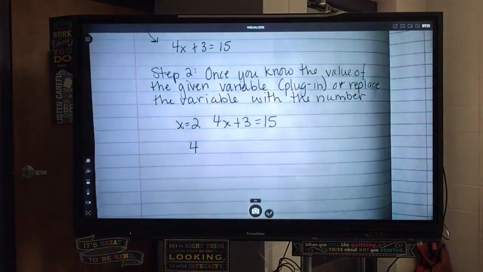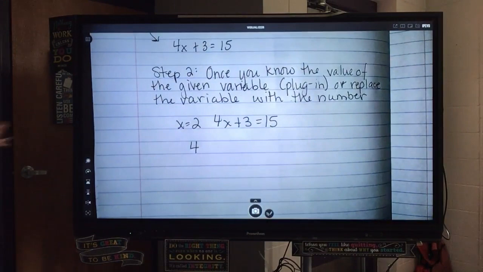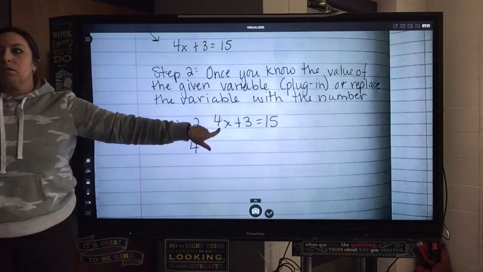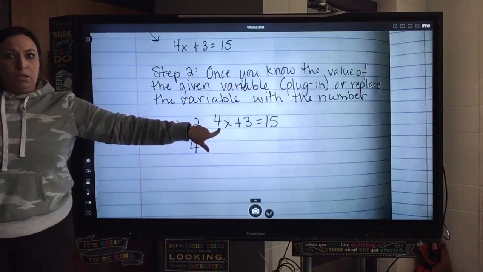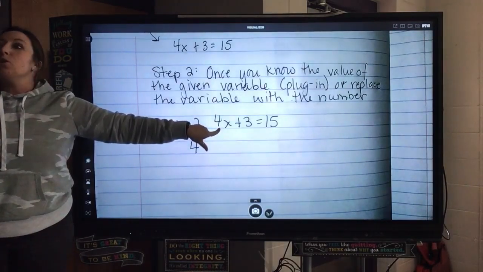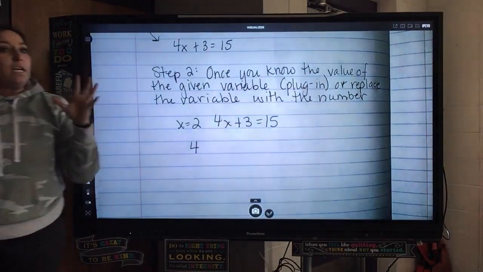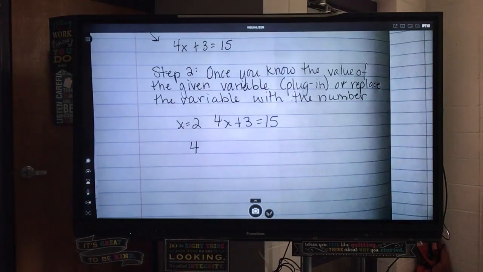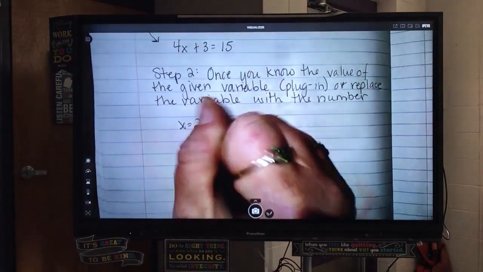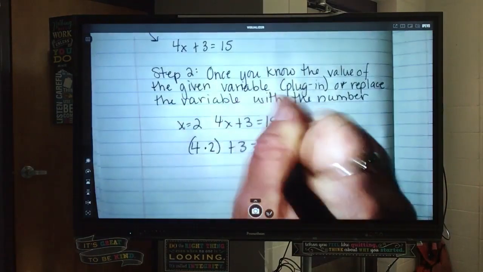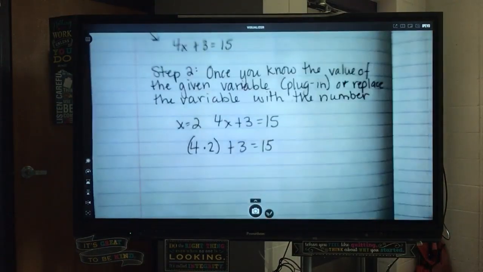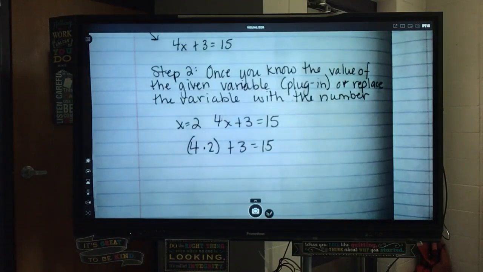So before we do anything, though, we have to understand, am I just going to make this 42? No, you have to multiply it, because technically it's a coefficient. So this becomes 4 times 2 plus 3 equals 15. And then from there, we just solve our problem. This just becomes a PEMDAS problem.